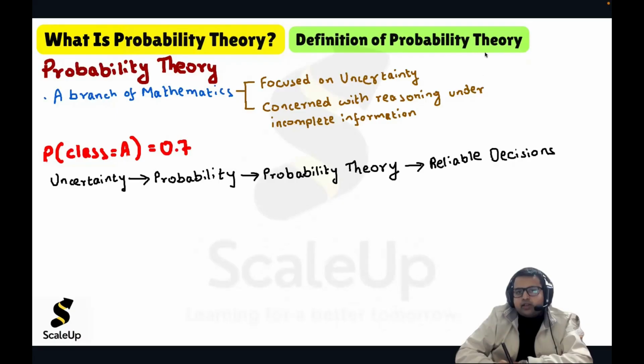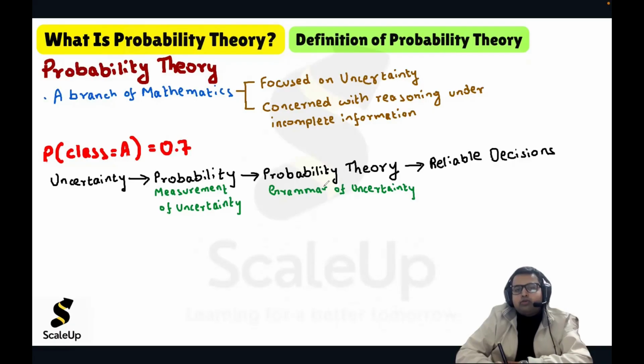So here one very interesting thing we should observe: probability is the measurement of uncertainty, and probability theory is the grammar of uncertainty. It contains systematic rules.